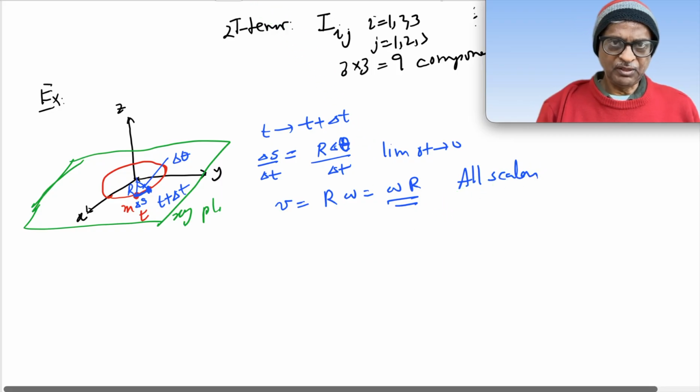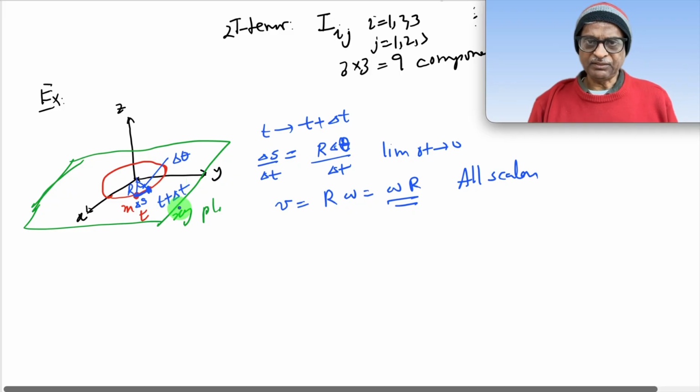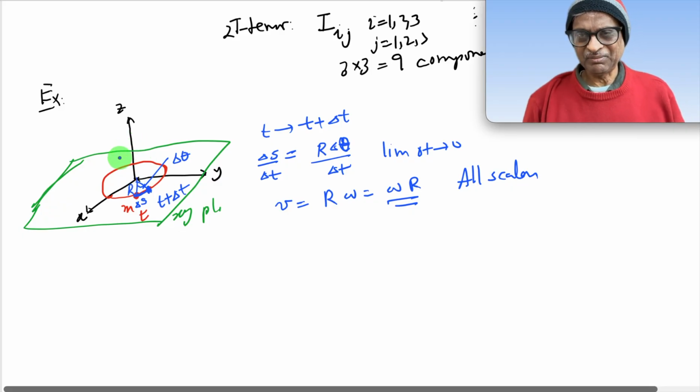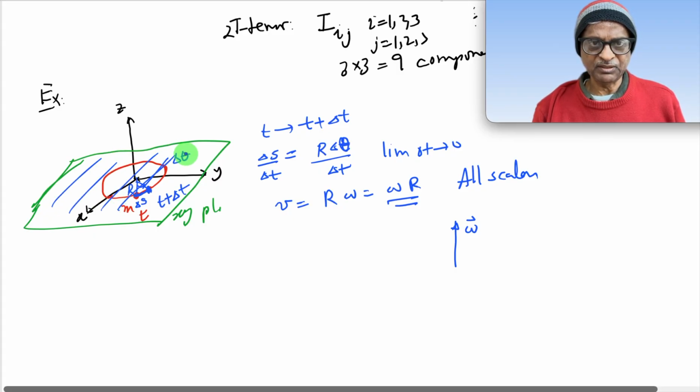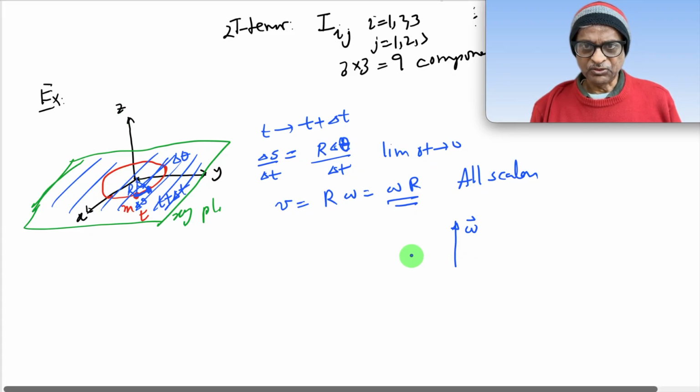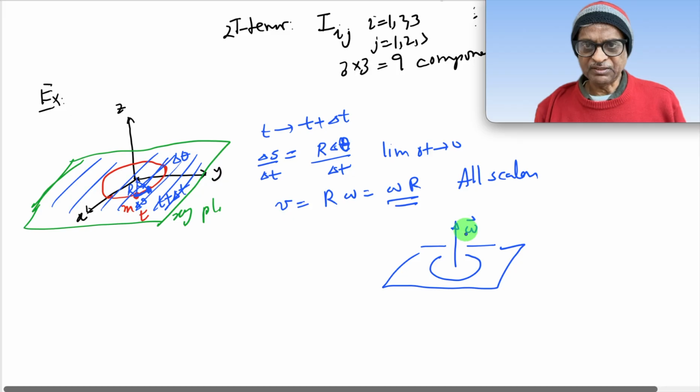If you wanted to write this as a vector, I can do that, but it's really not very helpful, it just becomes unnecessarily complicated. So the way we think of this vector, we say omega is perpendicular to the circle it's going in. So this is the z-axis. If the motion is in this plane, if it's rotating in this plane, then omega is up there.